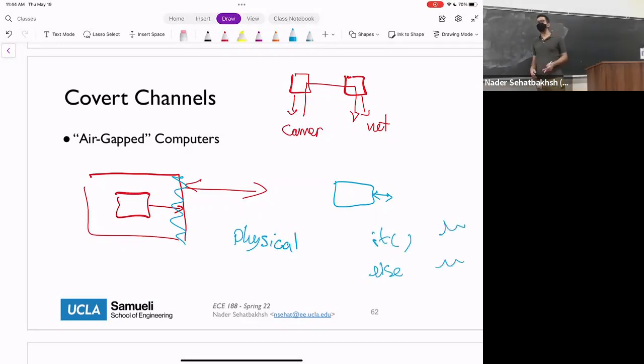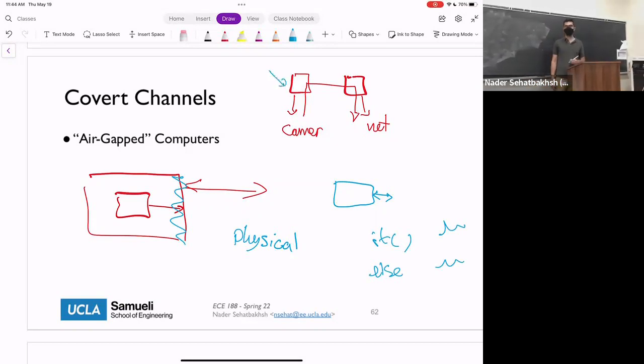What the attacker can do is, similar to the way digital side channels create a protocol between the sender and receiver, instead of sending this information to the USB thumb drive, create a transmitter code inside this computer that, for example, reads a list of zeros and ones. These are the actual sensitive data that it wants to extract.